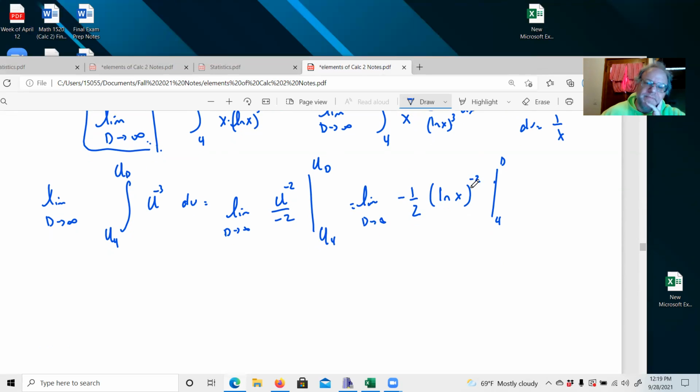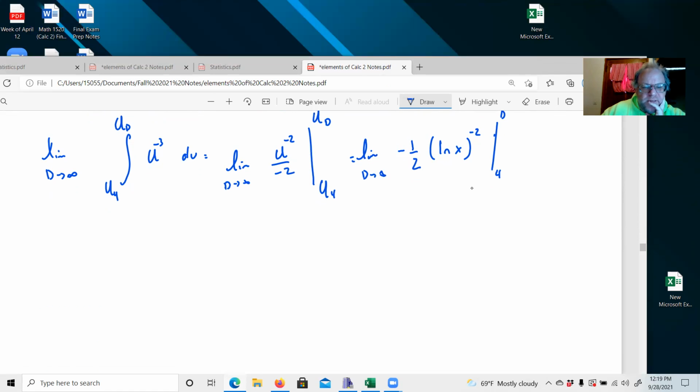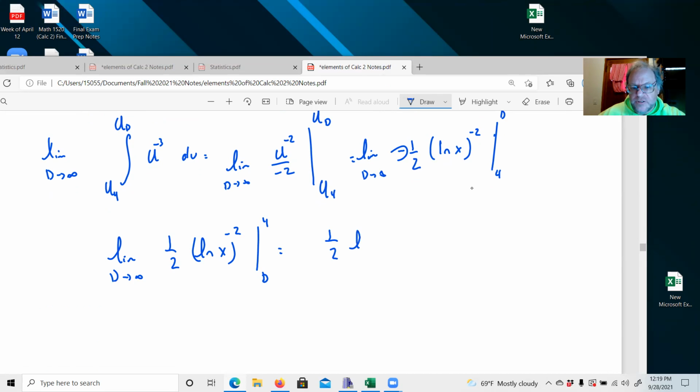Let's change my limits of integration to get rid of this negative sign, so we have 1/2 ln x to the -2 from D to 4. So what do we have? We have 1/2 natural log of 4 raised to the -2, minus the limit as D goes to infinity of 1/2 natural log of D raised to the -2.